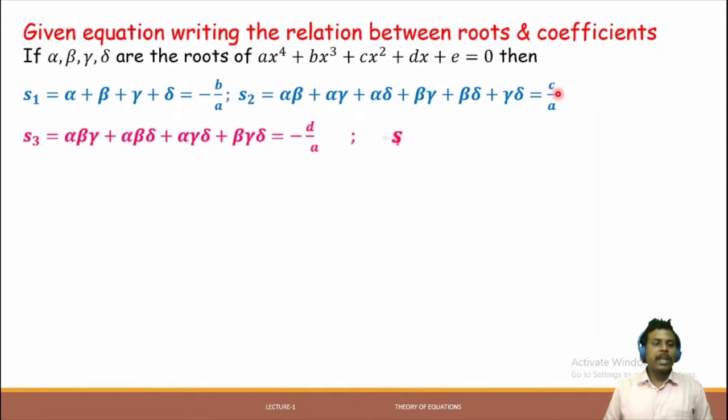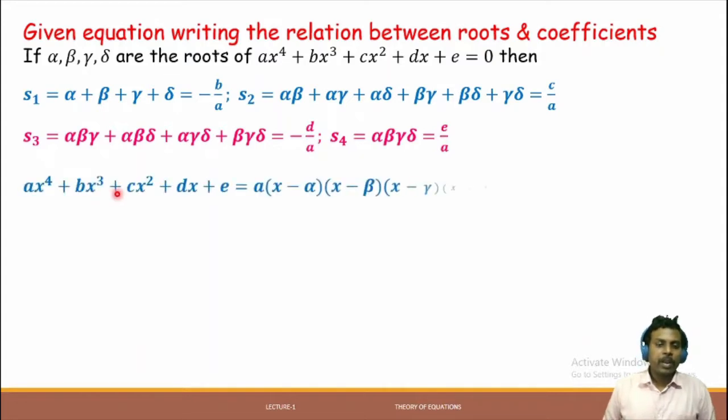Next, S3 is sum of the product of roots taken three at a time, that is equal to minus d by a, that is minus x coefficient divided by the leading coefficient, and S4 is equal to the product of all the four roots, that is equal to e by a, that is constant term divided by the leading coefficient.